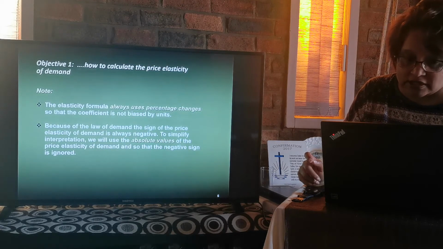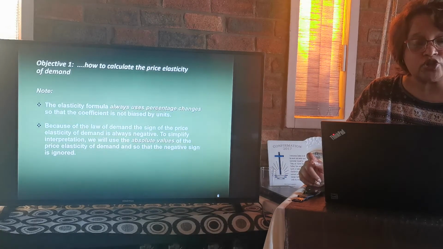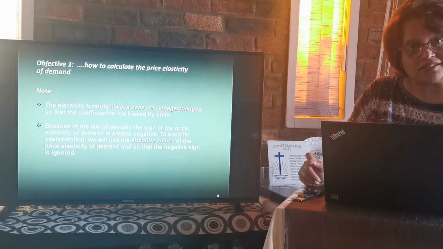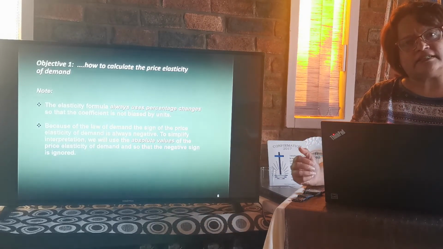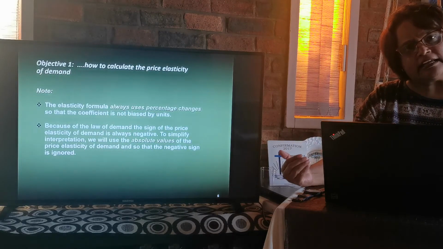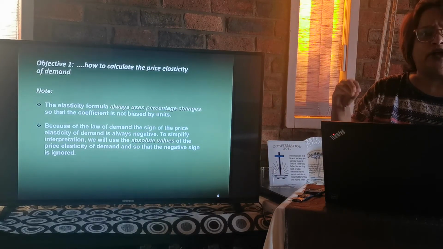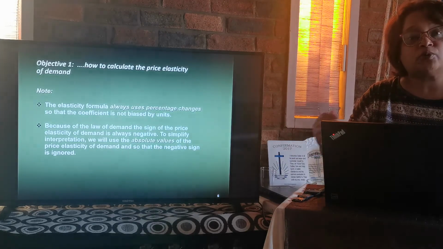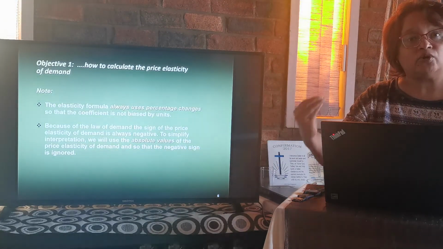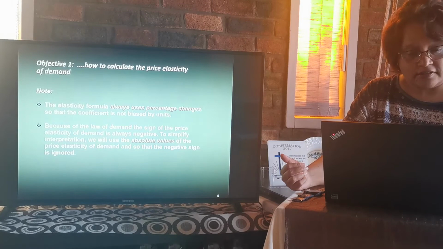Why do we want to do this? So that the coefficient is not biased by units. We don't want to say 5% or 5 rand increase had a 2.3 quantity demanded. So we're not going to use units, we're going to use percentages.